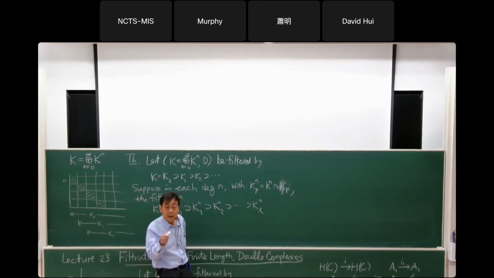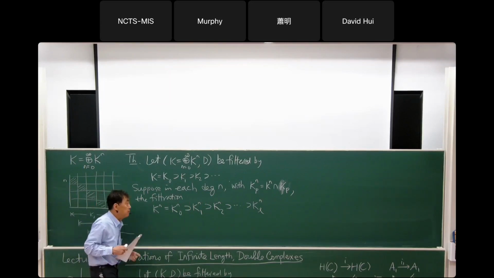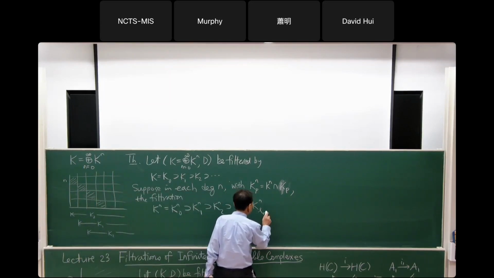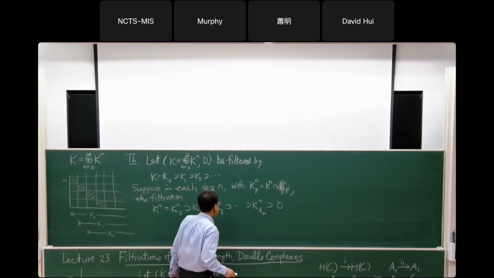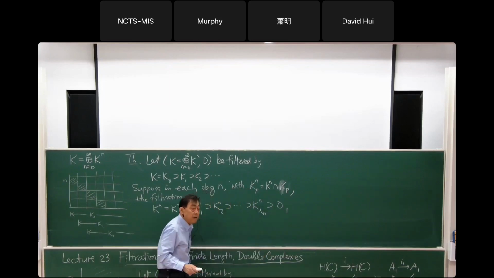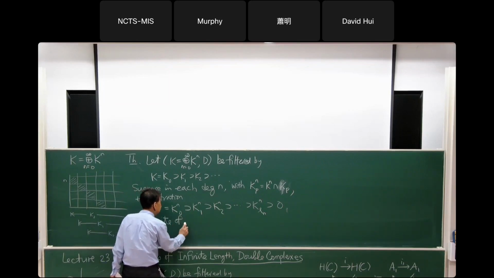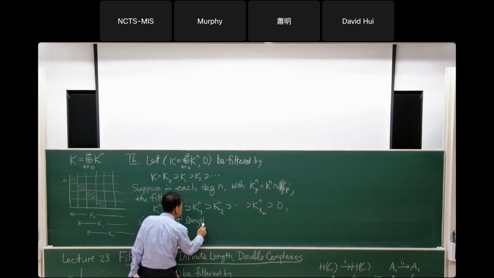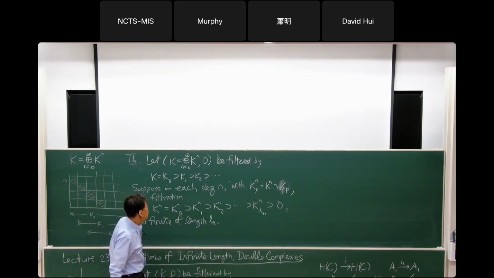Now this L depends on N because in different degrees, you can terminate at different points. So I put L_N there. So in each degree, the filtration is finite, of length L_N.